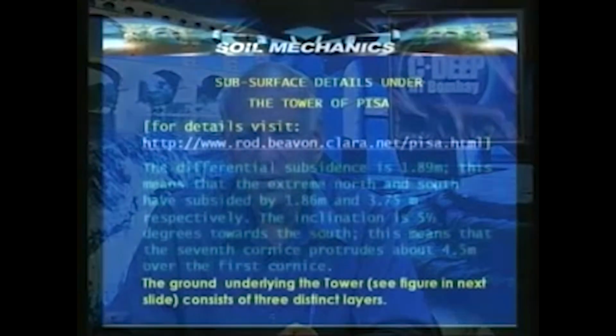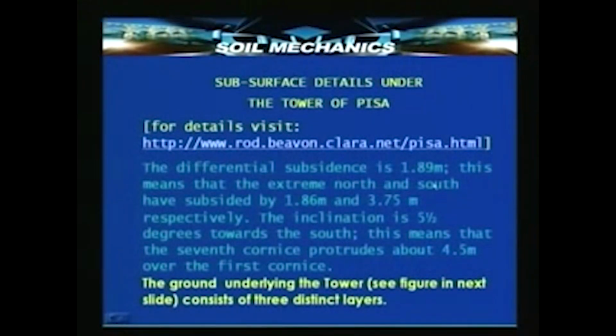Now, why did it settle? Let us understand, in the first case, some details. The subsidence due to the clay layer below is 1.89 meters. That means one side of the tower tilted by 1.89 meters. This means that the north and the south sides had a differential settlement amounting to the difference between 1.86 meters and 3.75 meters respectively.